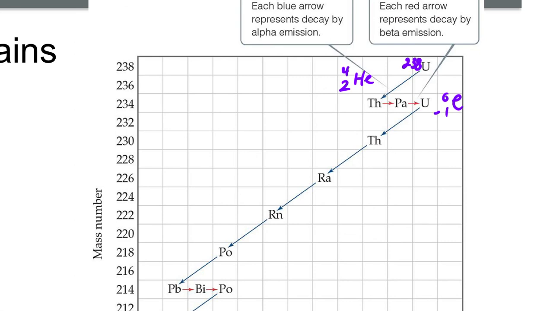Okay. And so thorium can undergo beta emission to form, what's Pa? Let's test my skills. Pa, what's that element? Someone's gotta know.